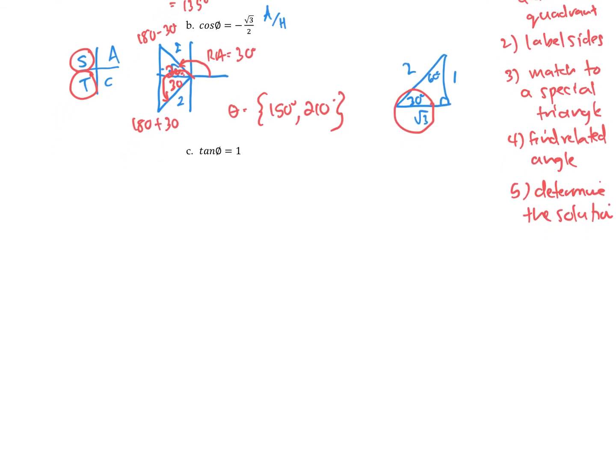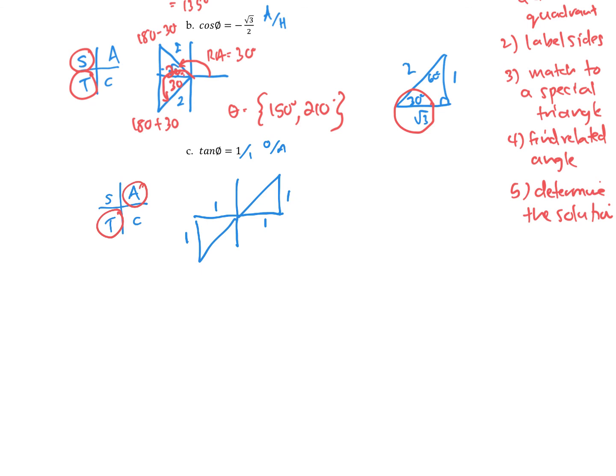So tan of positive 1. Tan is positive in quadrants 1 and 3. Now, since I'm drawing a triangle, I have to have two sides. So 1 is 1 over 1, right? Because 1 divided by 1 is 1, and tan is opposite over adjacent. So the opposite is 1, the adjacent is 1.